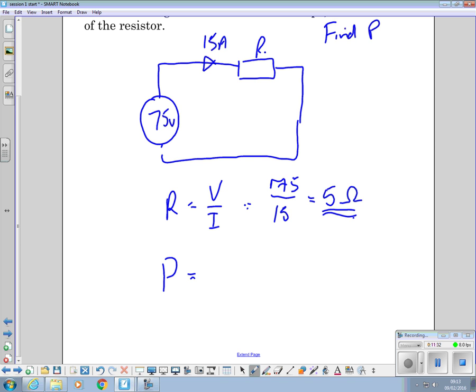I would use IV here, which is 15 times 75, equals 1125 watts.